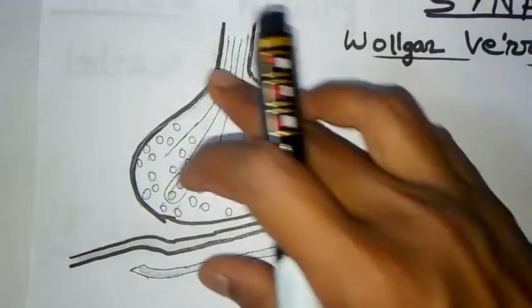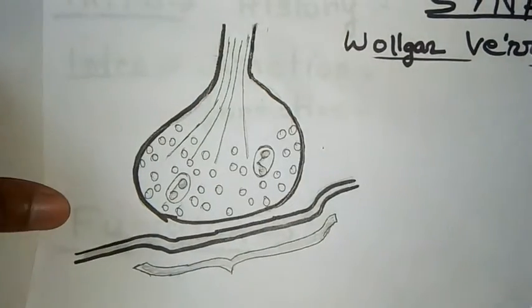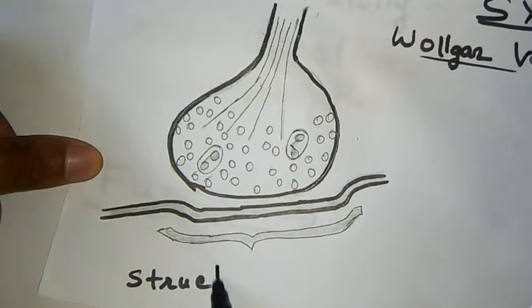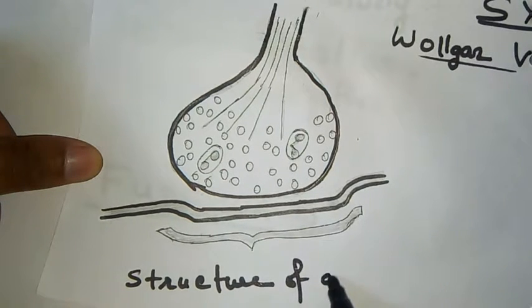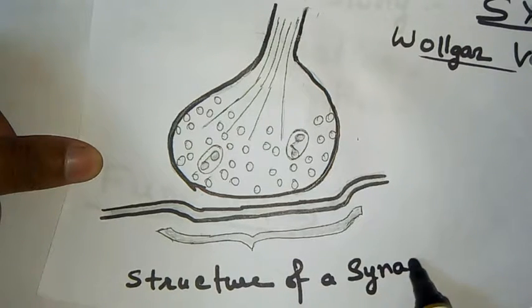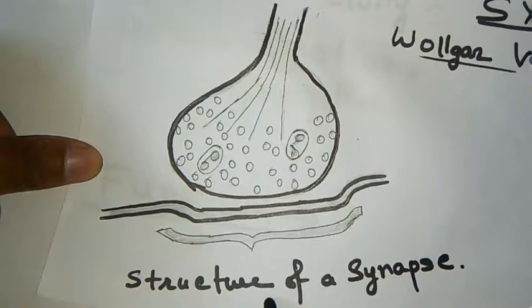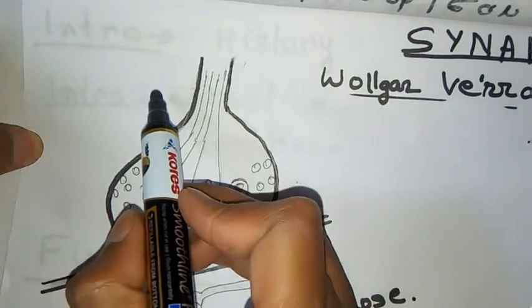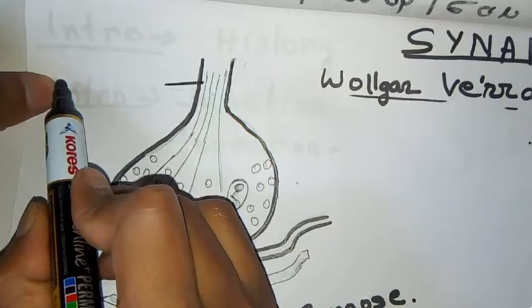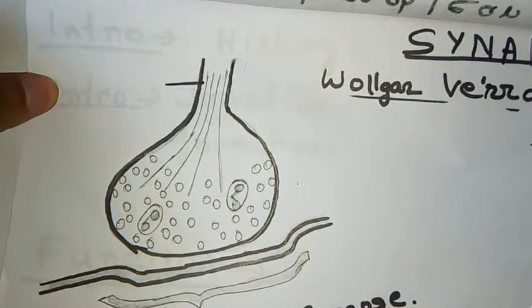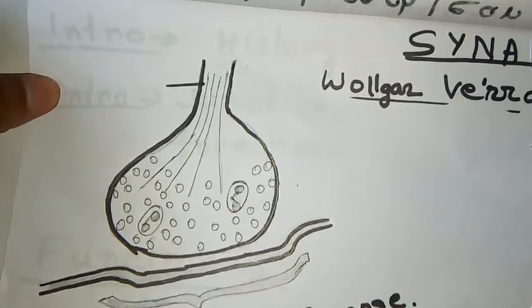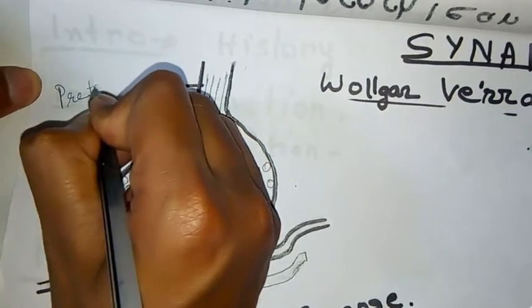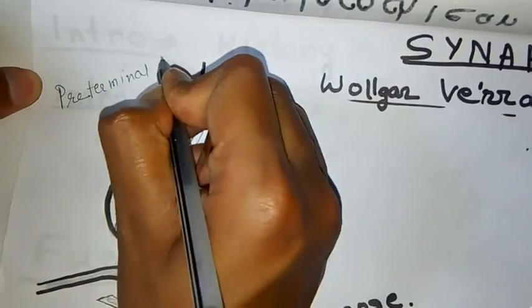This is the structure of a synapse, and this is the pre-terminal axon.